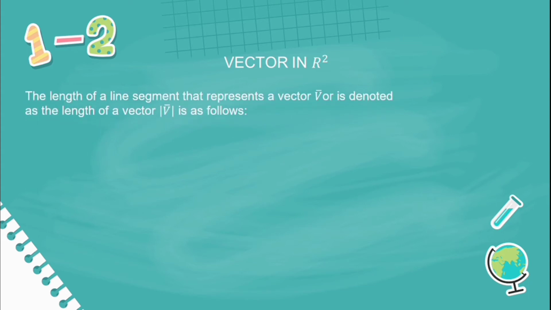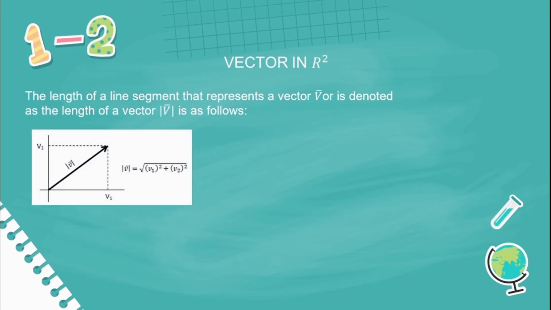The length of the line segment that represents a vector v, or denoted as the length of a vector, absolute value of v, is as follows. In the picture, absolute value of v equals root of v1 square plus v2 square.